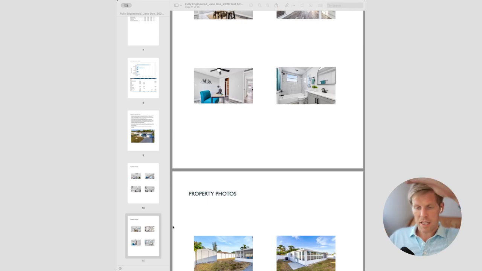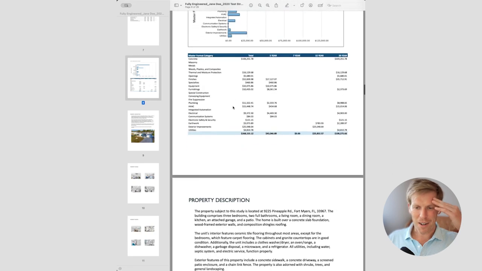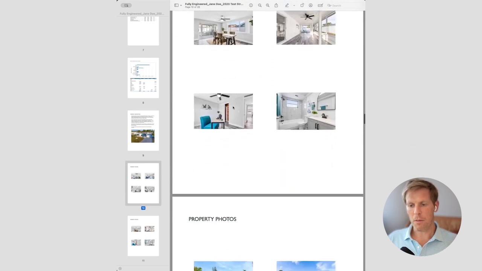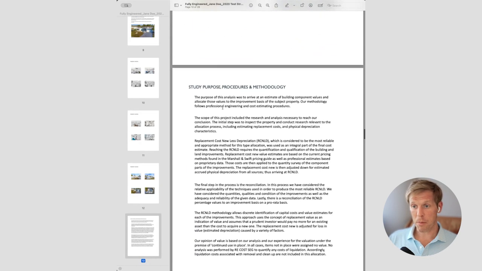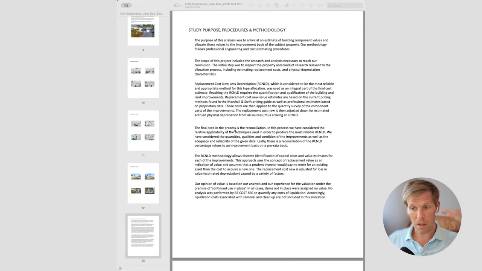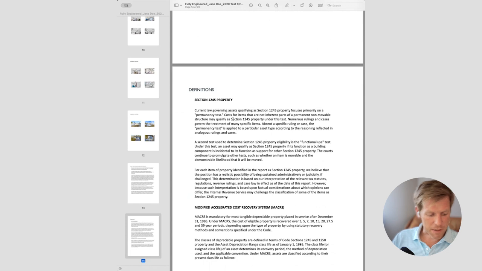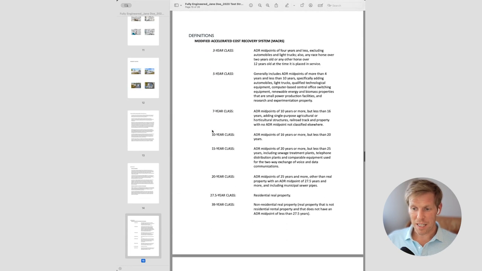They say, here are the 13 elements of a quality cost segregation study. So we include reports, we include photographs, and we include how we visited and reviewed the site, and our methodology, purpose and procedures. This is all boilerplate.